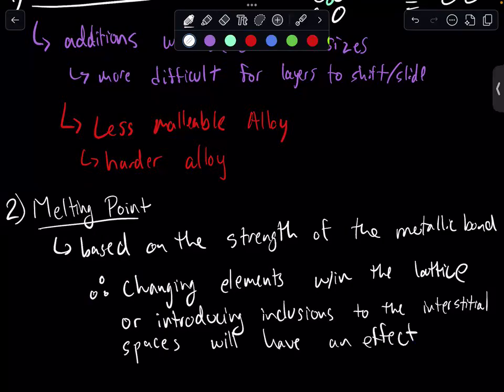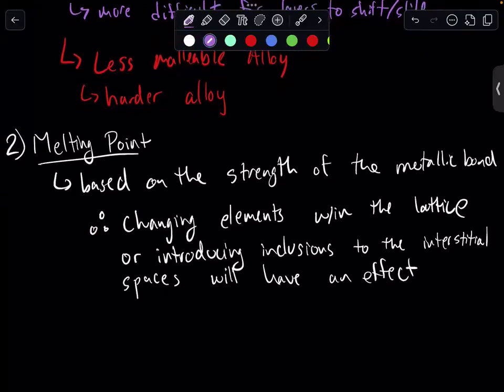And the truth is that effect is almost always decreasing the melting point.